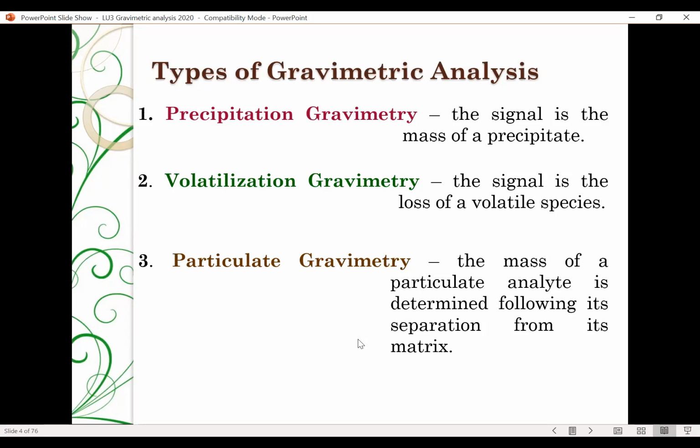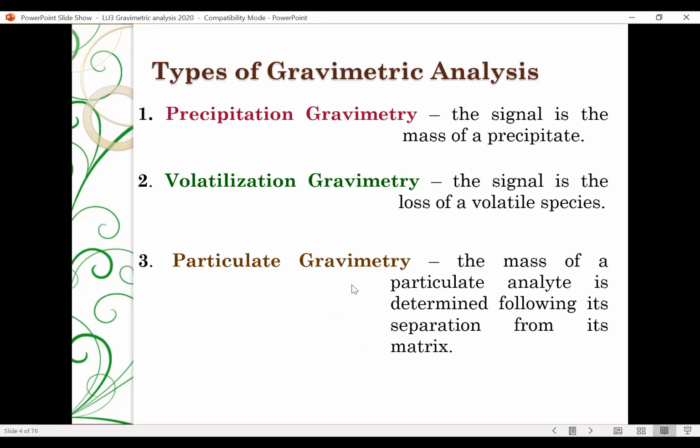For example, you have a solution where you can separate the particles in the solution from the solution using a filtration process. So you deal with the particles of the solution. That's called particulate gravimetry.